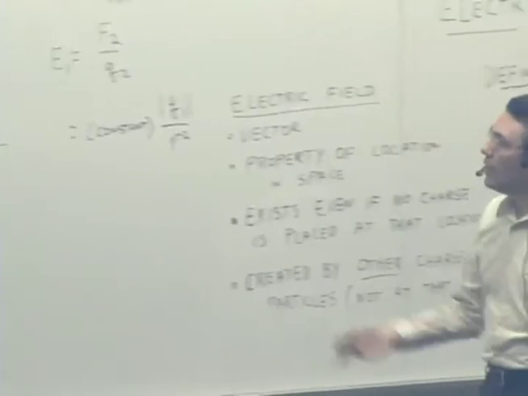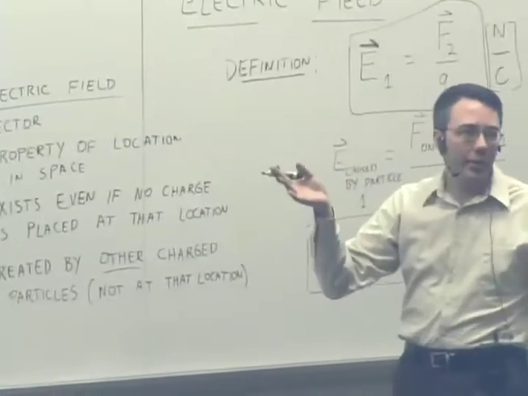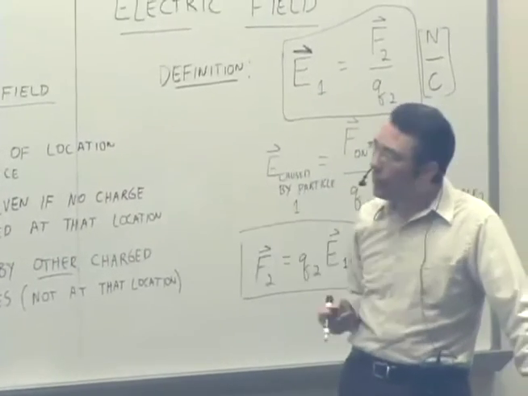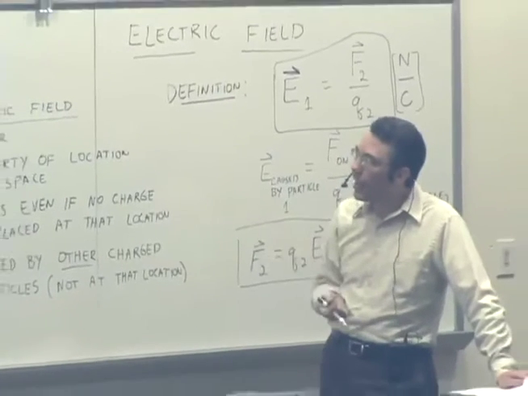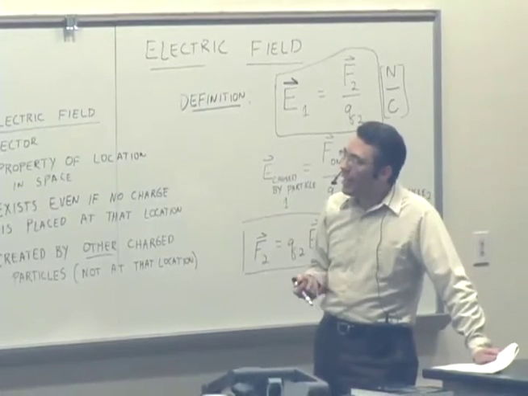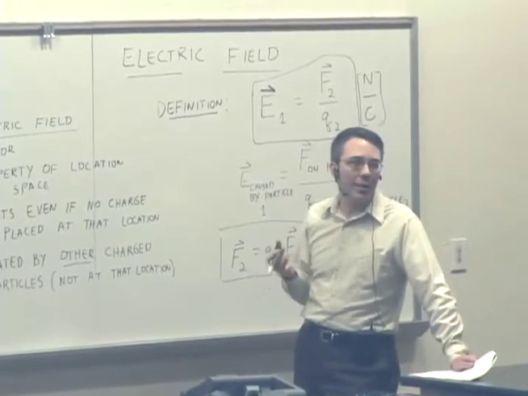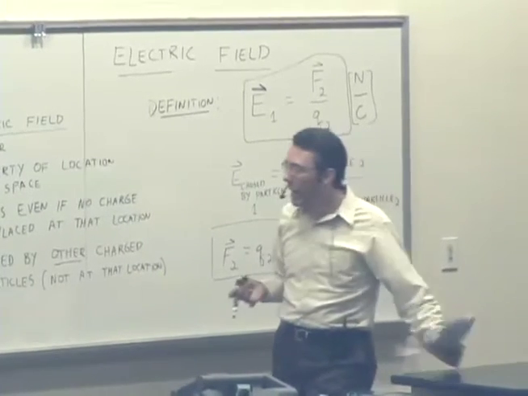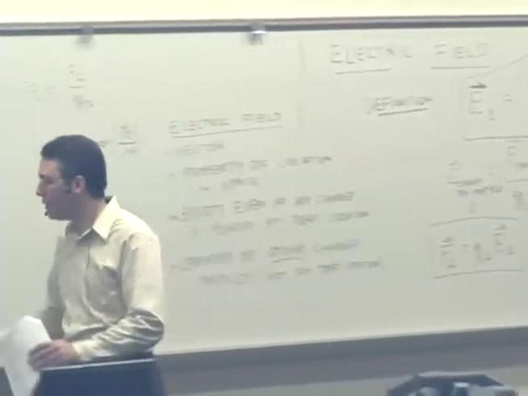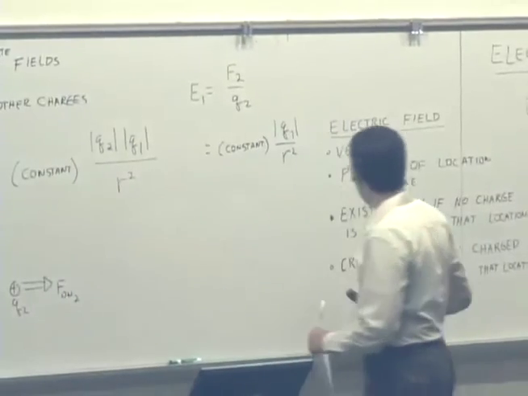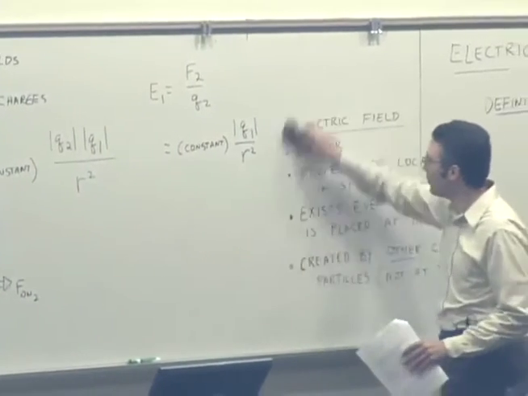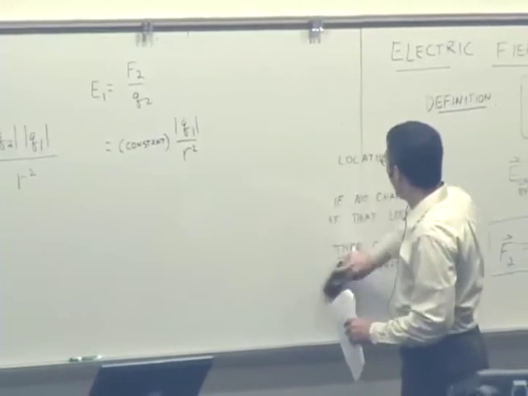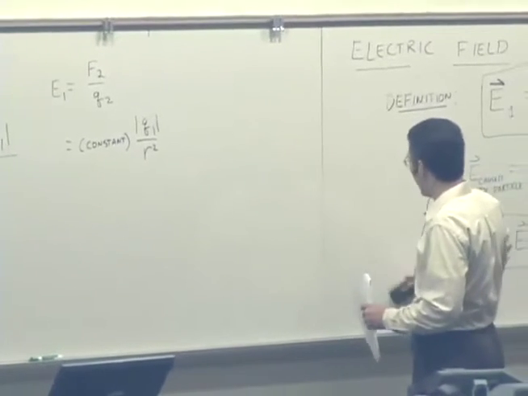Okay? So it's just that magnitude of the electric force divided through by the charge that's causing that electric field. That only gives us the magnitude, though. It doesn't give us the direction. So we want a more formal expression to give us both the magnitude and direction, the vector expression for the electric field due to a single charged particle.